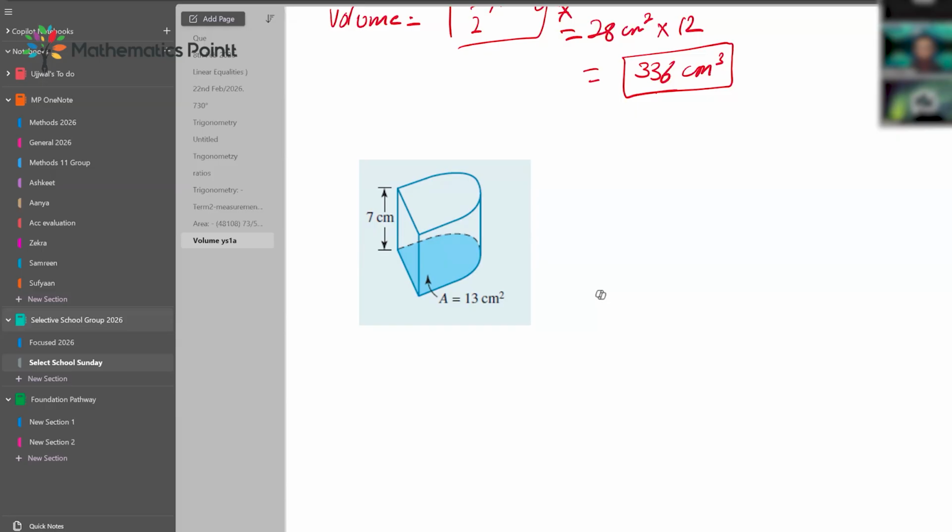This was peanuts, right? Good. You're just multiplying the area with its height. So you're just timesing 13 by 7. That many centimeter cubes is your answer.